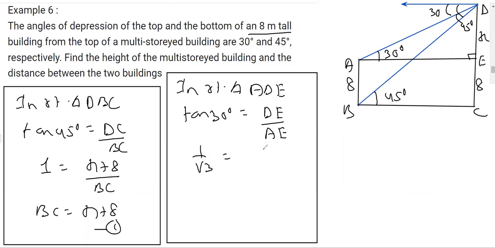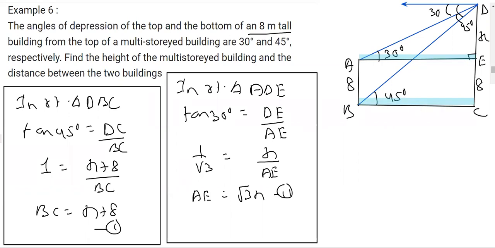DE can be replaced with X, as we have assumed, and AE is AE. Now by cross multiplication, we get AE equal to root 3 X. That is equation 2. Also, you can see from the figure that this length AE will be equal to BC by the concept of parallelogram.